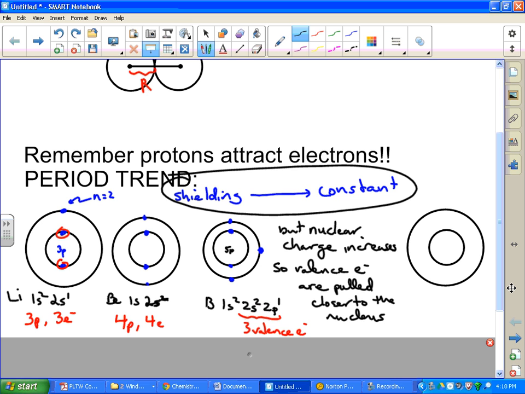Okay? And if we get all the way to fluorine, which has an electron configuration of 1s2, 2s2, 2p5, we see that the atomic radius has really shrunk down.